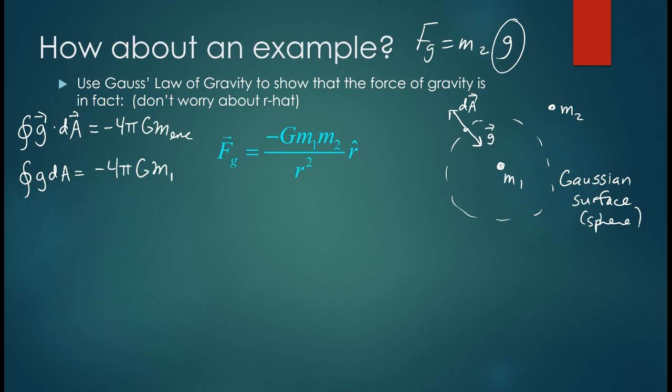Okay, now this is going to turn into G times the integral of dA. And the reason that we can pull the G out is that G is constant on the surface of the sphere, and also so is dA for that matter. Okay, and that's going to equal negative 4 pi G M1.